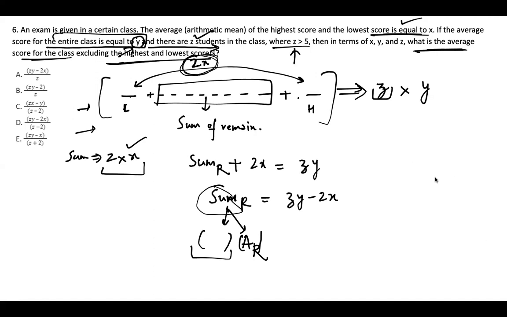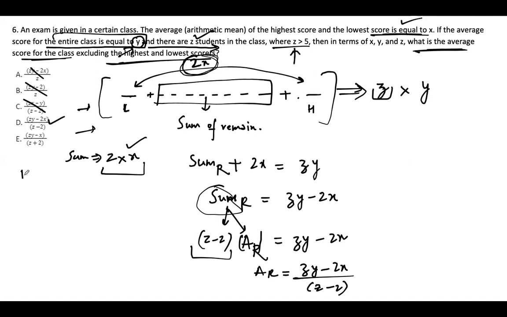So the remaining average for the class comes out to be ZY minus 2X divided by Z minus 2. Option D will be the answer.